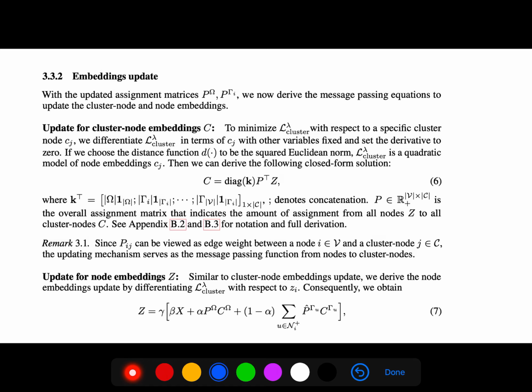If we choose the distance function d to be a squared Euclidean norm, then the loss is a quadratic model of node embeddings. Then we can derive the following closed form solution. Similarly to the cluster node embedding update, we derive the node embeddings update by differentiating the cluster loss with respect to Z sub I.